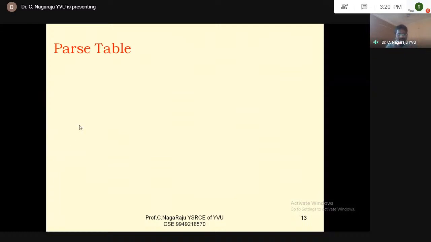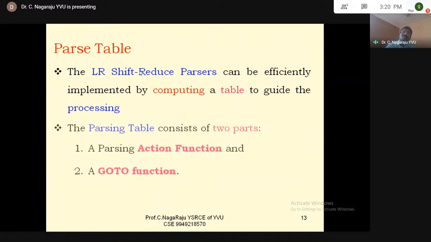Already we have studied the stack. Generally the stack can store values and can be used to evaluate expressions, right? Next, the parse table. What is the use of the parse table? How do we construct it? LR shift-reduce parsers can be efficiently implemented by computing a table to guide the parsing.